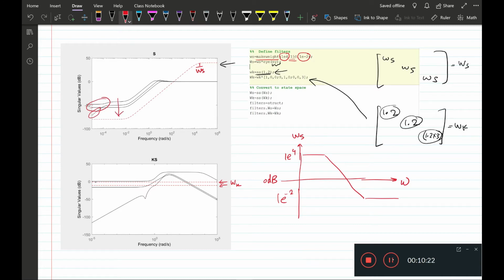If we were unhappy with the steady state error we obtained here, we would push this down, or in other words, increase the weight on the low frequency values of the shaping filter WS. So push this up.